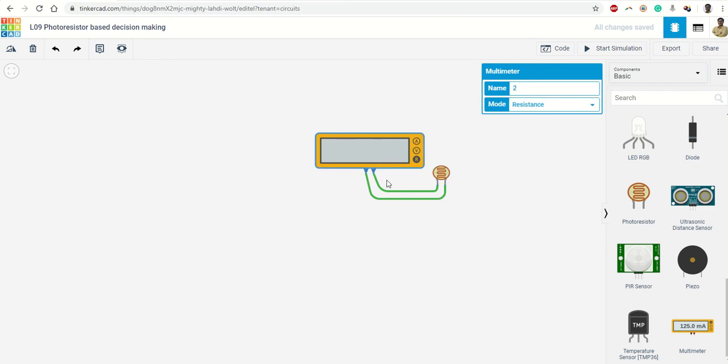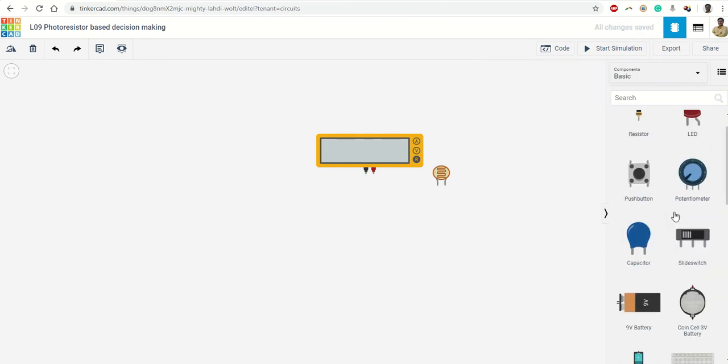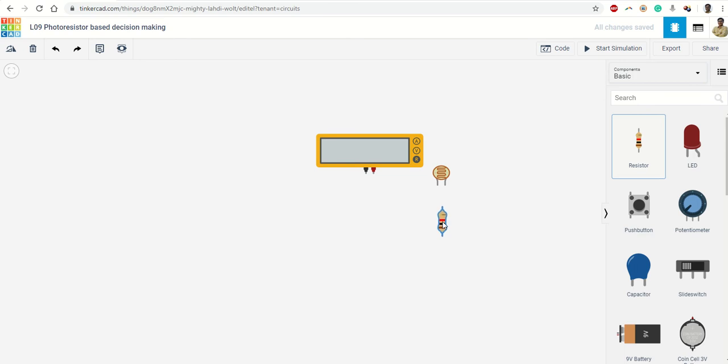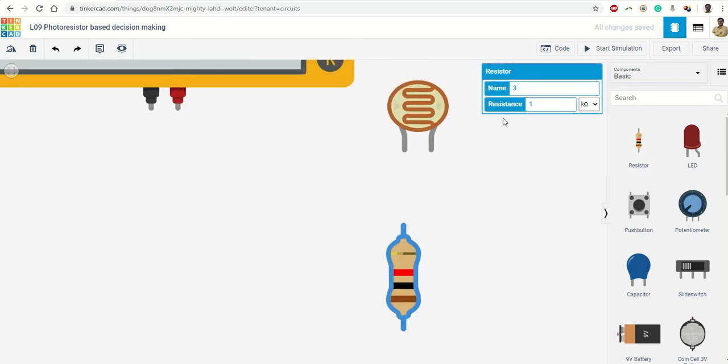So what should we do then? Then we take a potential divider network. That means I take another resistance whose value is around the center value of this photoresistor.